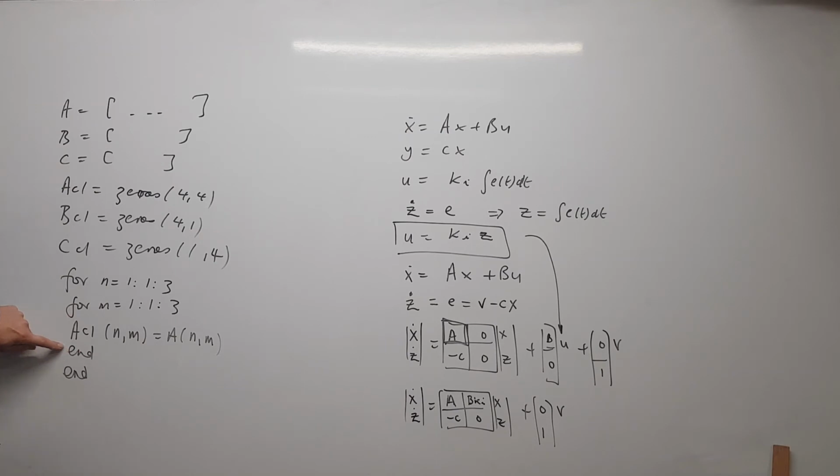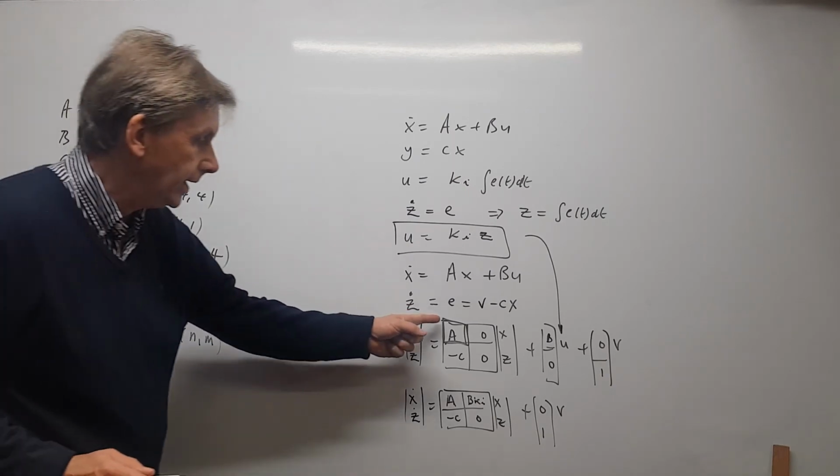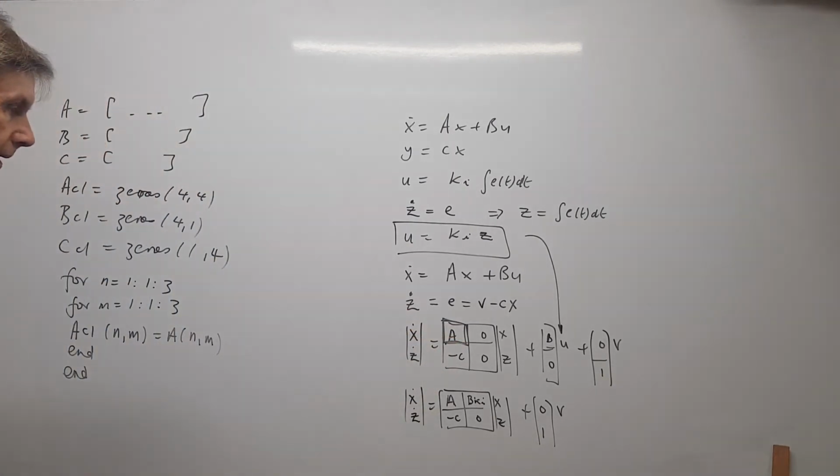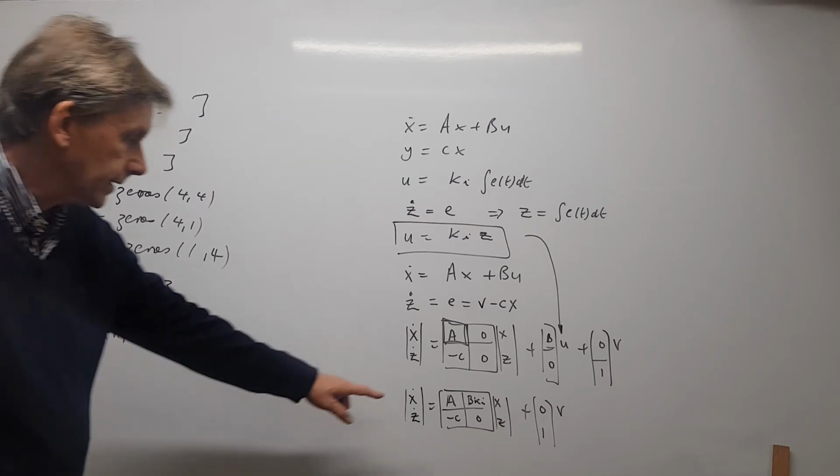So this end goes to that for loop, that end goes to that one. And what this code does, essentially, is write the A matrix into that patch there for me. So that's giving me that one.